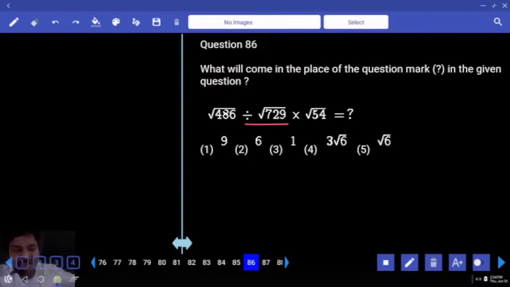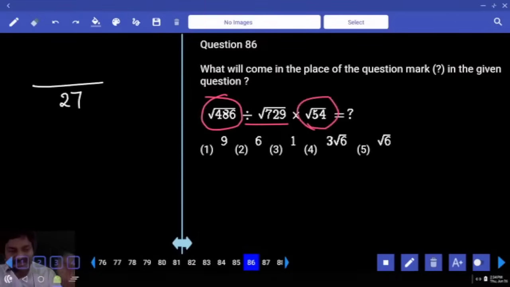This number comes in denominator. Under root of 729. Is it a perfect square? Let me identify our first number as a 54 multiple.